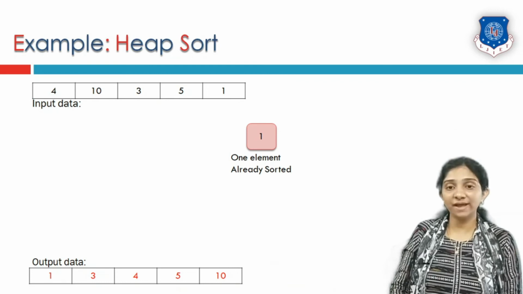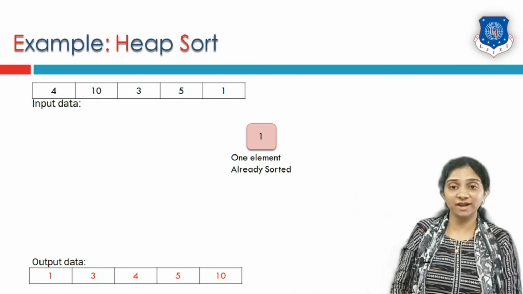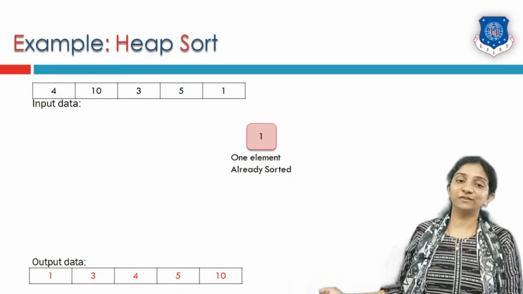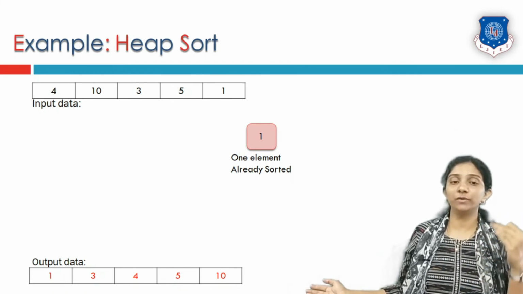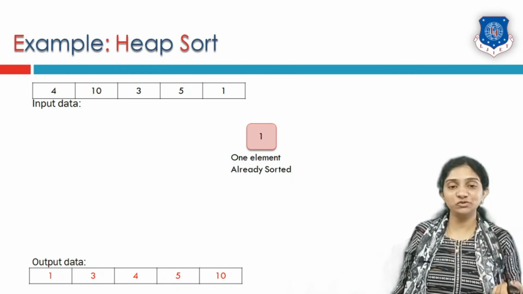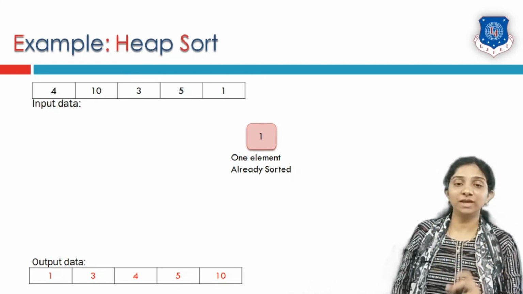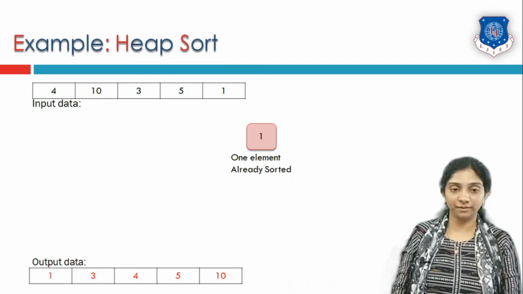If I don't have any other elements to compare with, it is already considered sorted. So this way our output data gets sorted by swapping the root node with the last node of the max heap tree and again heapifying the tree, until my tree becomes empty and the data in the output array gets sorted.